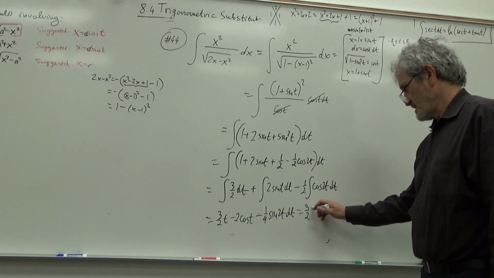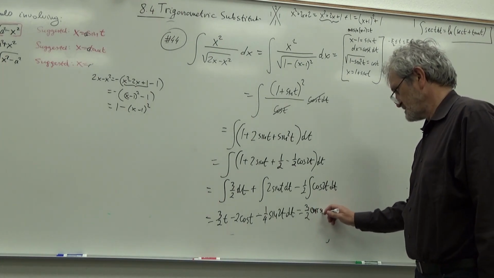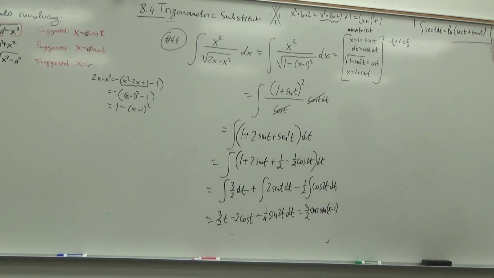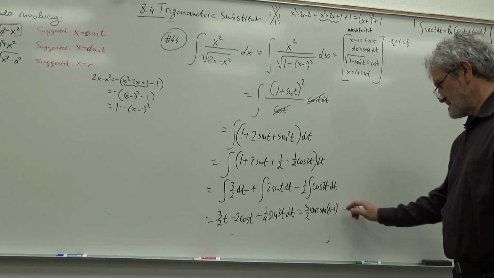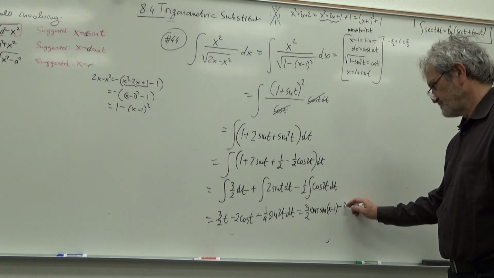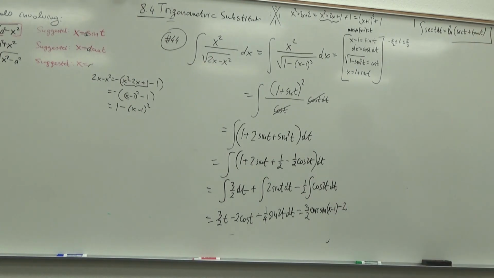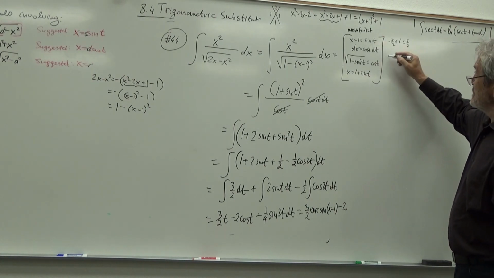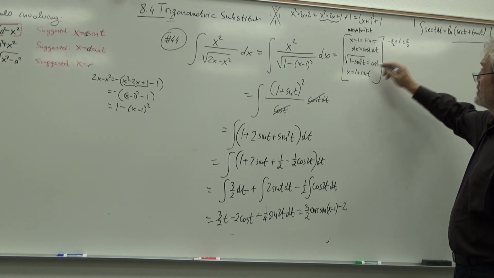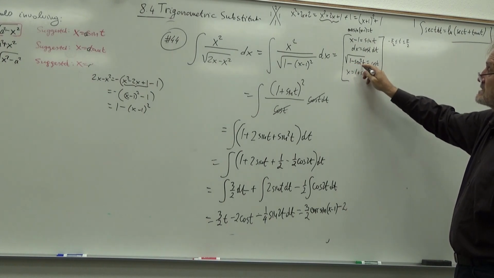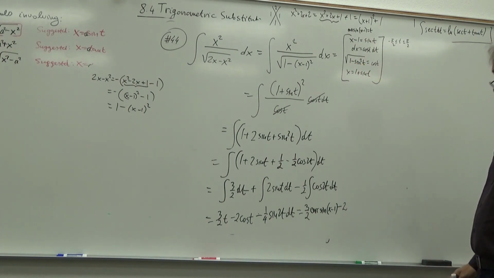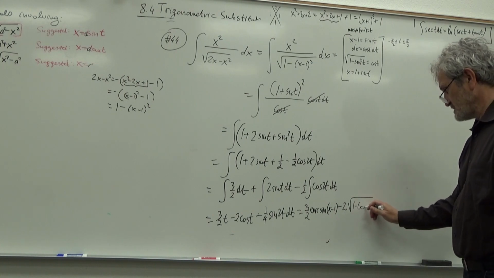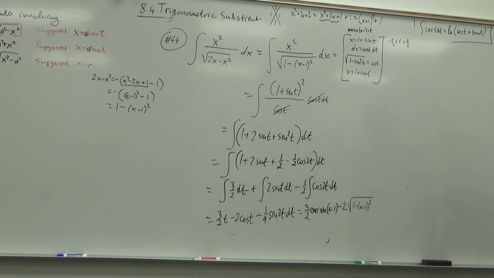So this will be 3/2 arc sine of x minus 1 minus 2 times, how much is cosine t? If you know sine, so do I have it somewhere? Oh yeah, here it is. Square root of 1 minus sine squared. So that would be square root of 1 minus x minus 1 squared.